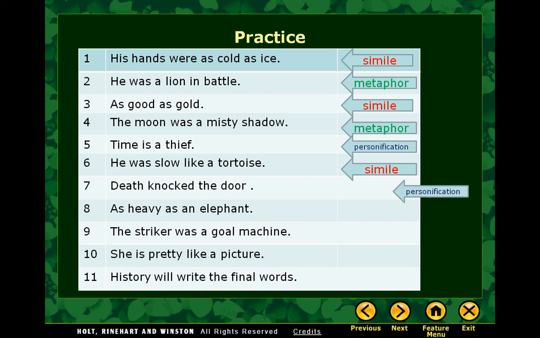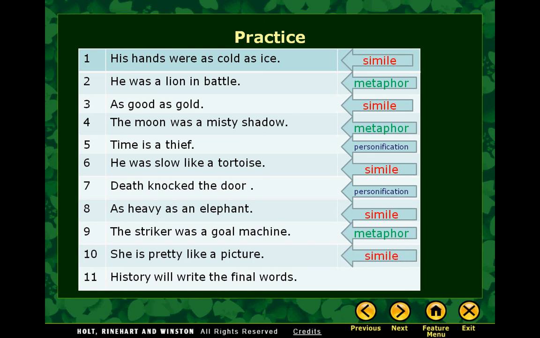No. So this is a personification. Excellent. As heavy as an elephant. A simile. The striker was a goal machine. Metaphor. She is pretty like a picture. It's a simile. History will write the final words. History does not write. It's not a person. So this is a personification.